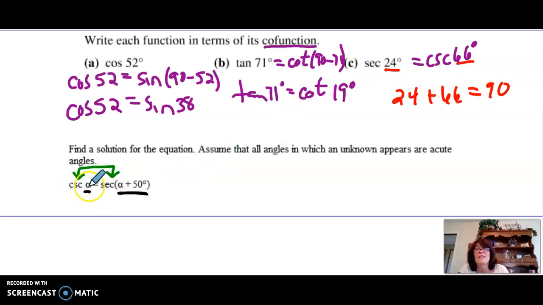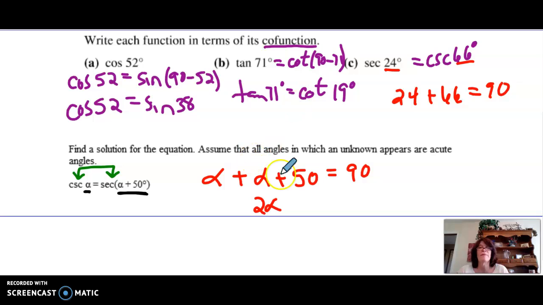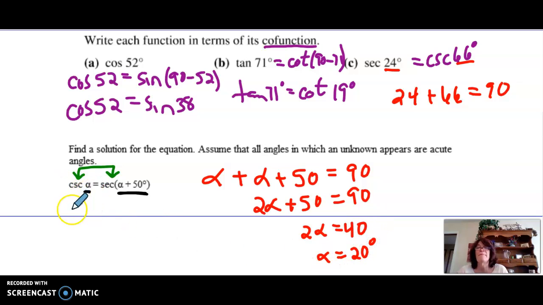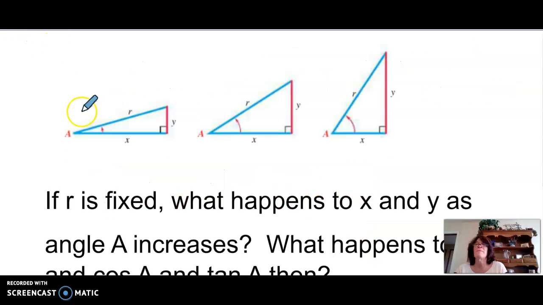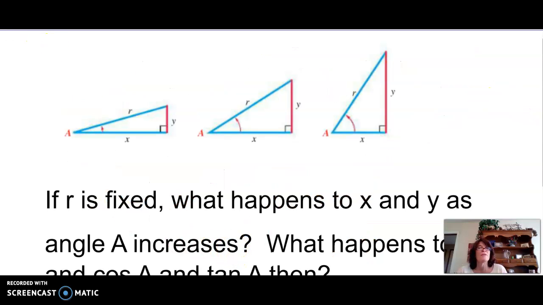So whatever I'm taking the cosecant of plus whatever I'm taking the secant of better add up to 90. 2 theta plus 50 equals 90. Subtract 50 from each side. 2 theta equals 40, so theta equals 20 degrees. And that makes sense, right? Cosecant of 20 should equal the secant of 20 plus 50, which is 70.